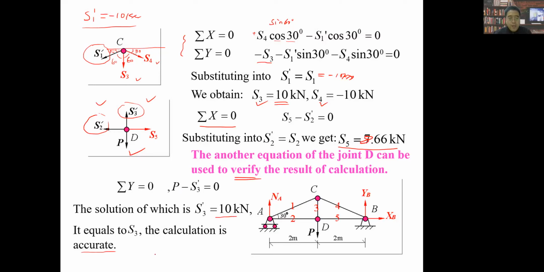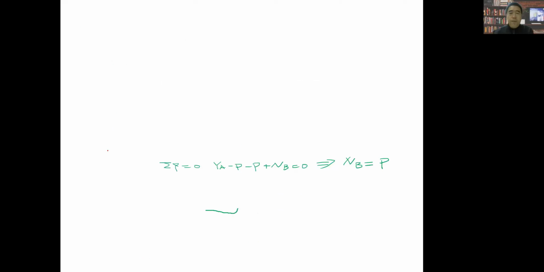This is how we use the so-called method of joints, or method of knots. So I hope you guys can totally understand that. Then we'll move on.